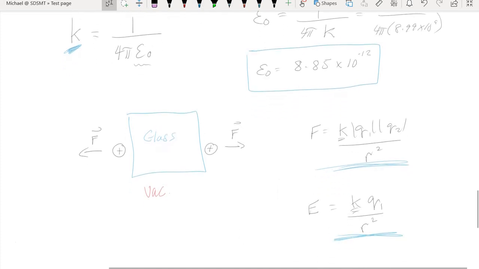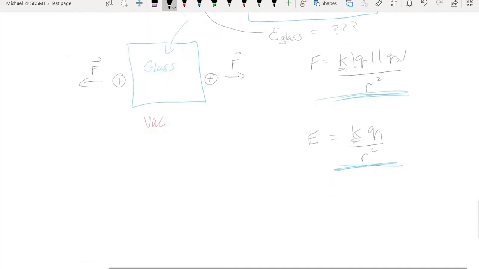Well, now all of a sudden our author starts to rewrite k as this 1 over 4 pi epsilon expression, because now we have to consider what's going to happen if I don't have vacuum in between my charges. Well, if that's the case, then we're going to have to go and look up a new permittivity value, because a different permittivity value is going to affect the k value that we've been using up until now.